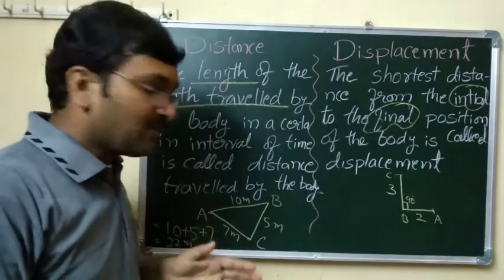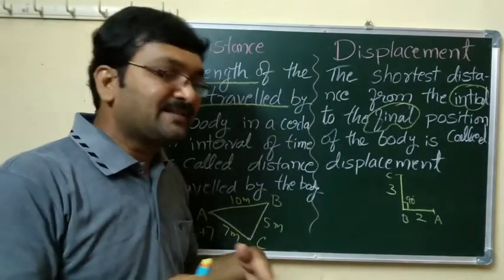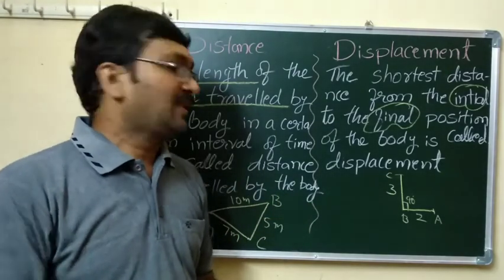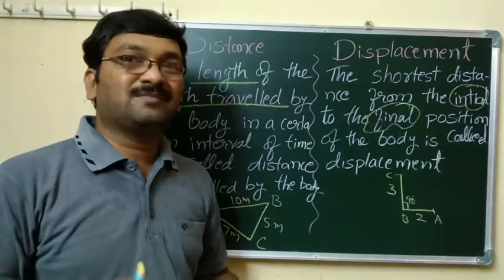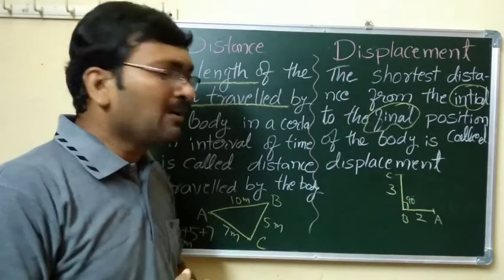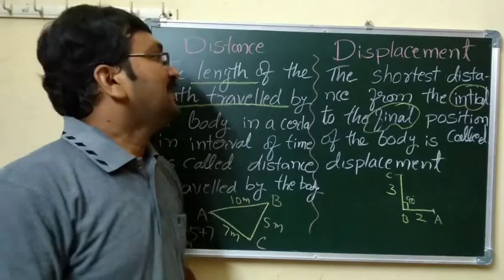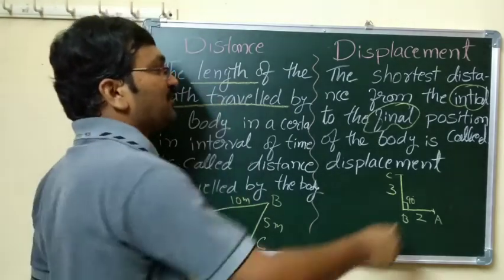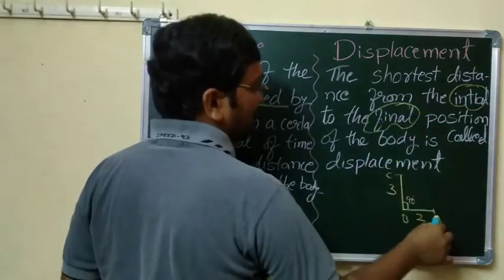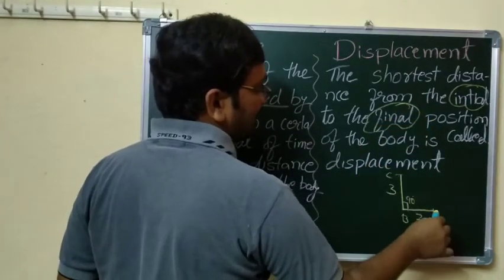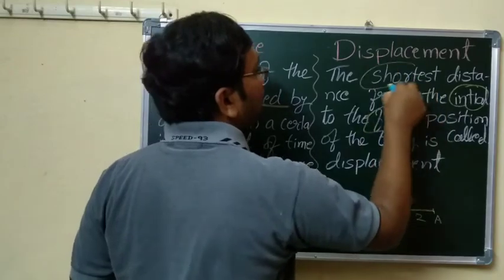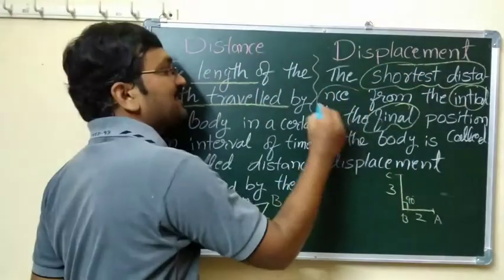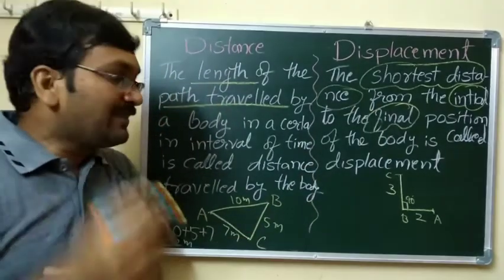Suppose he started from the east side to the west, then took a 90 degree turn and moved some distance. Now how will we calculate the displacement? Two things you want to remember: initial and final. Initial A and final C. This path is the lengthy one, but they asked for the shortest distance.